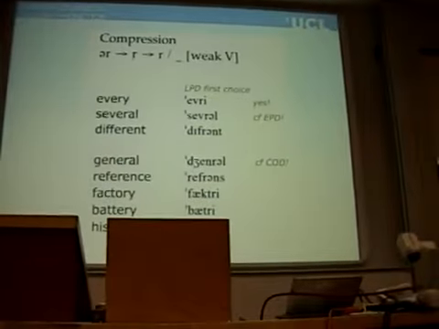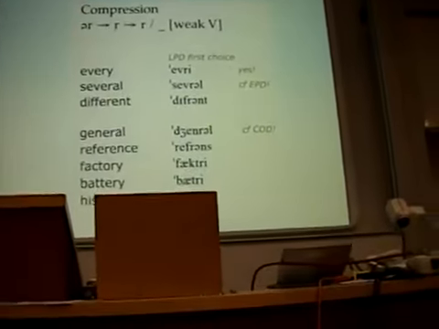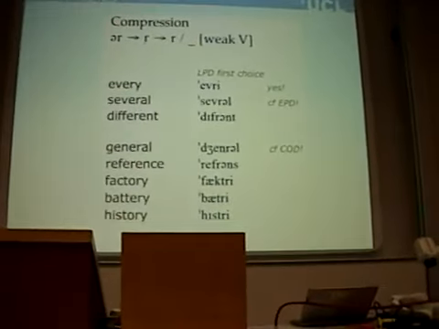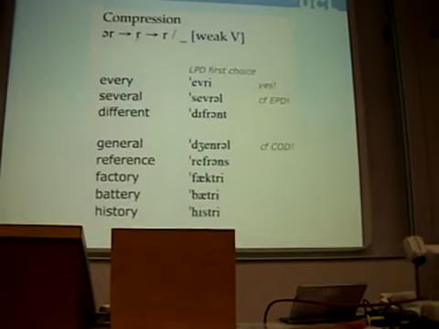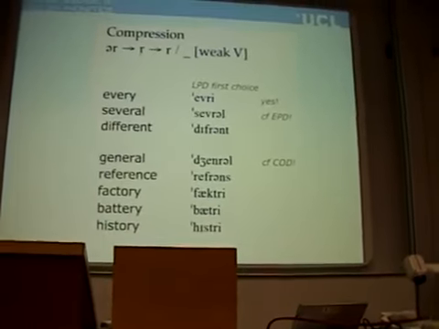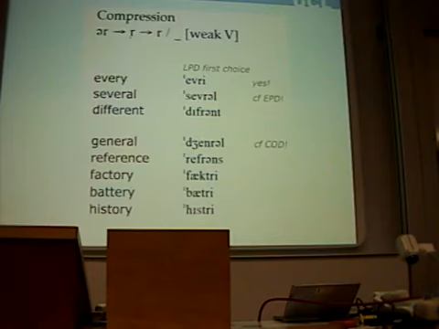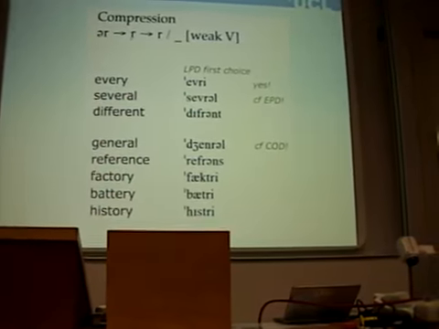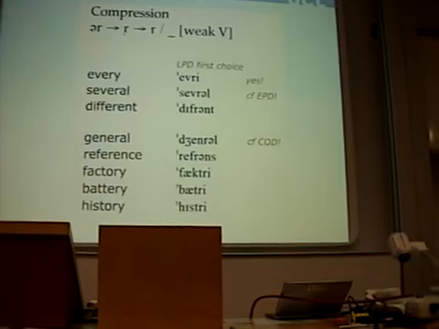Now, compression is something that's clearly been in English for many, many years, and indeed is shared with very minor differences in all the Germanic languages. And this means that certain words that historically had more syllables may nowadays in practice have fewer syllables.